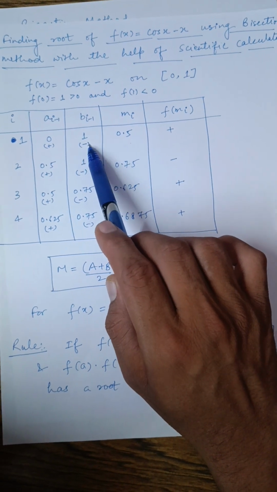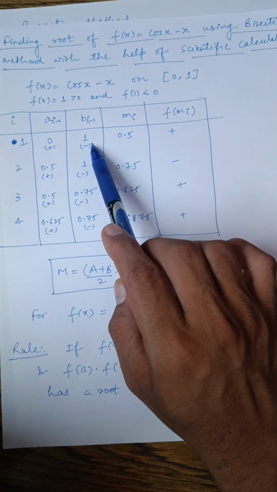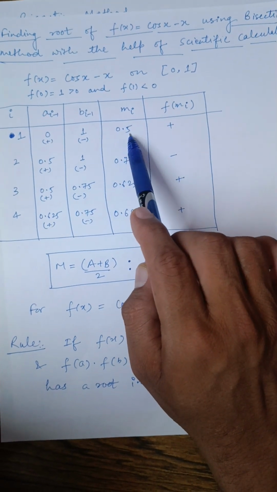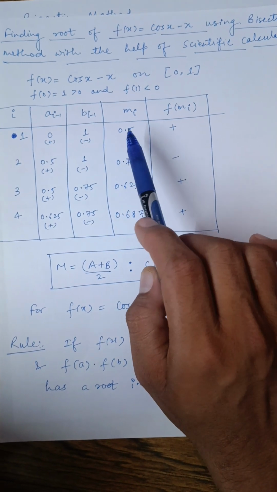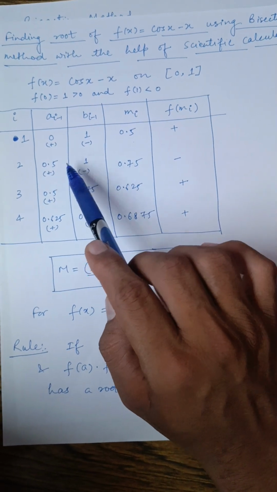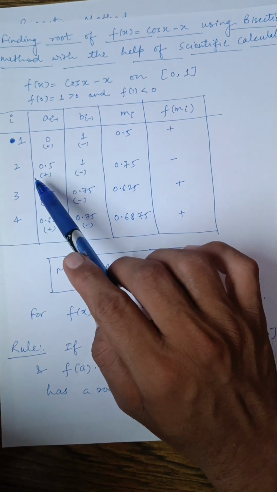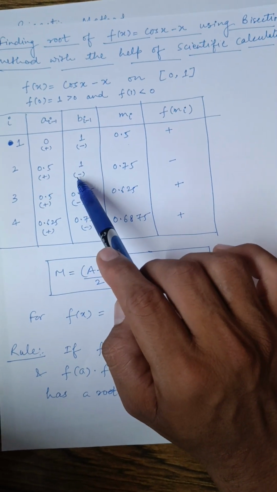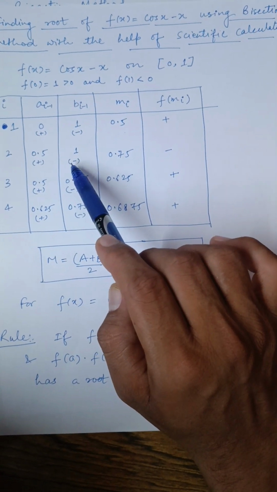Because in the previous interval at 1 the value of the function was negative, and now at 0.5 the value of the function is positive. So as the next interval we have to take 0.5 as a1 and 1 as b1 to make sure that the product of the values of the function at 0.5 and 1 is negative, to make sure that the root lies in the interval (0.5, 1) now.